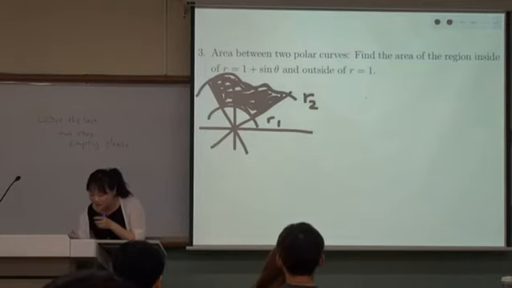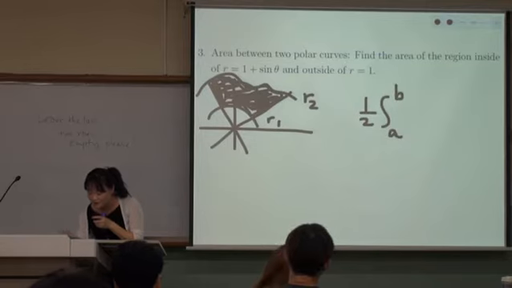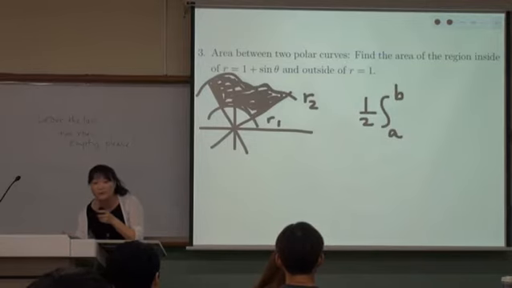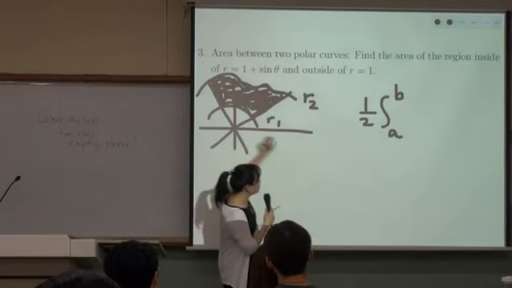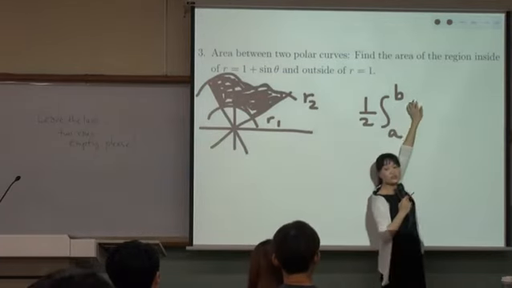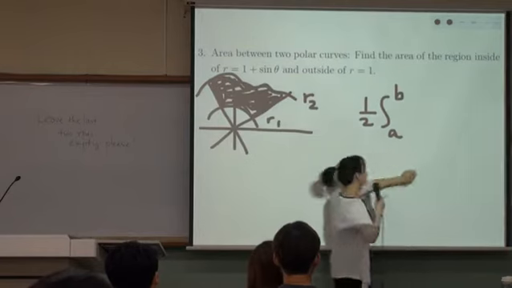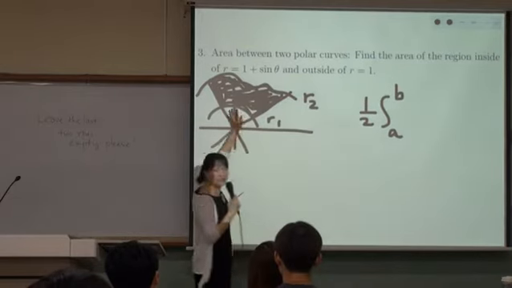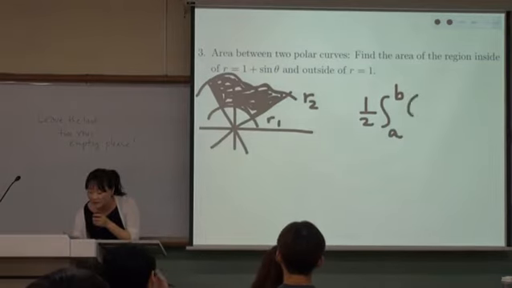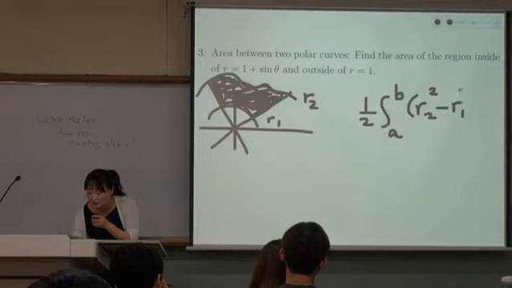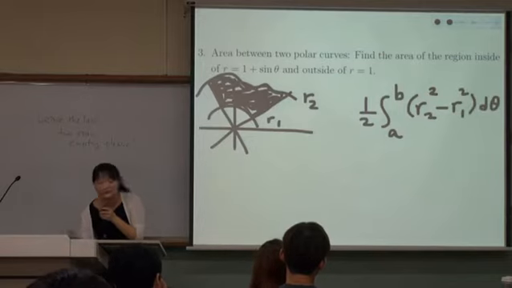So it is 1/2 integral A to B. Area of the whole thing is what? R2 squared d theta. Area of the smaller thing is R1 squared d theta. So it will be R2 squared minus R1 squared d theta.